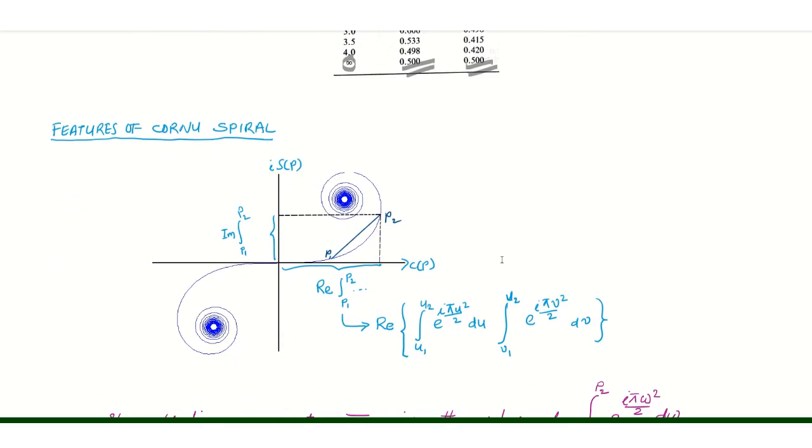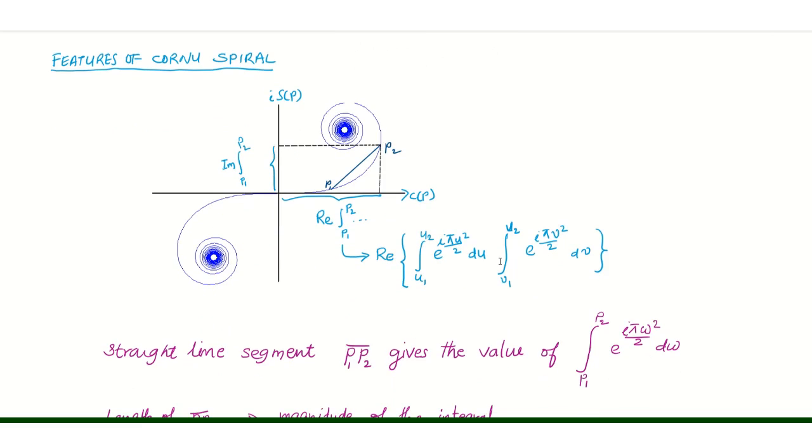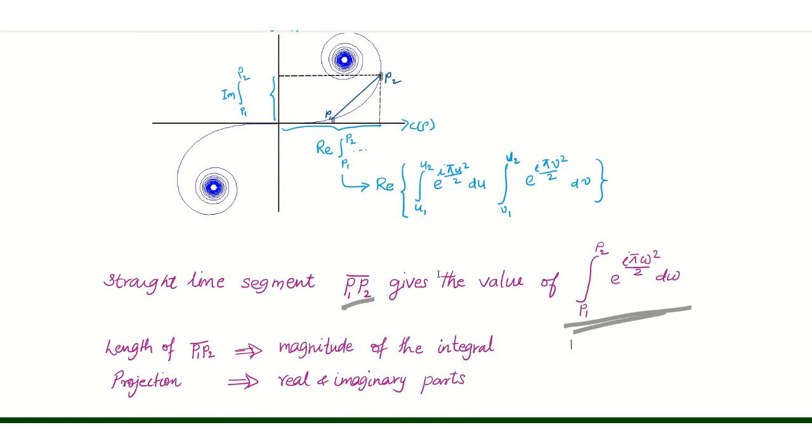Then there are some features of Cornu spiral. Here you have a point P1 on the Cornu spiral, here you have point P2. The straight line segment P1 P2 gives the value of integral P1 to P2 of e to the power i pi omega square over 2.